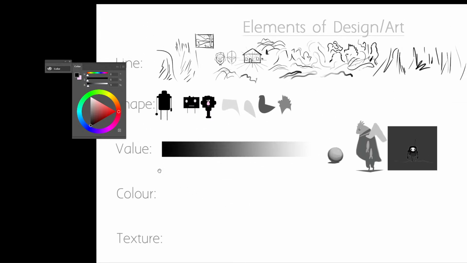So color has 3 components to it. Color has value as a component. So I can actually take this and duplicate it down here. Hold down the Shift key.